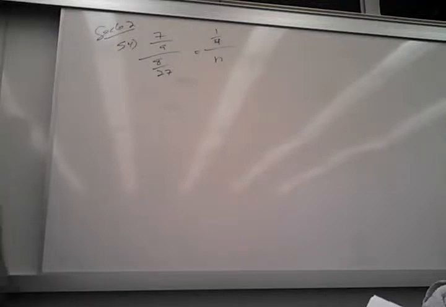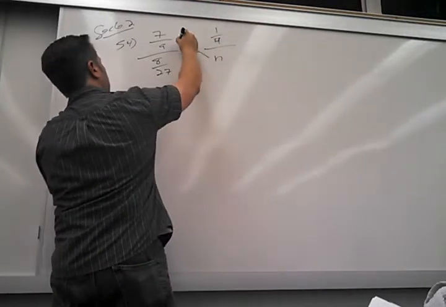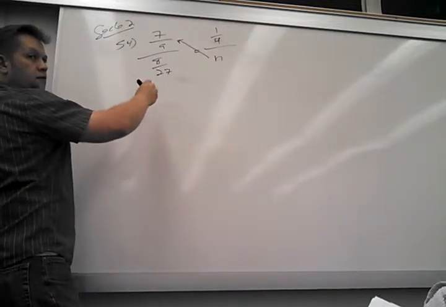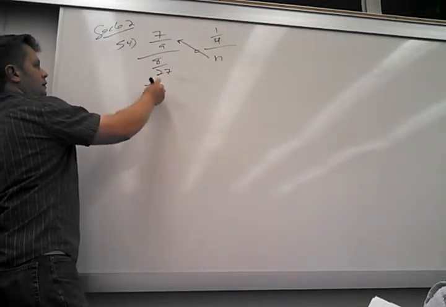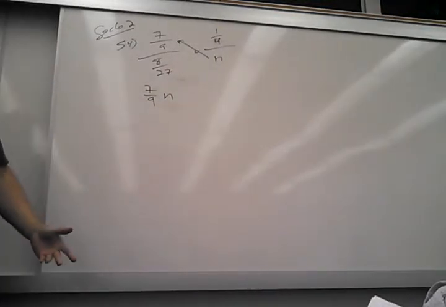So we saw one like this earlier. In fact, it was even a little worse because I had more fractions, right? I have one variable down there. But how do I start this off? I mean, what process takes over here? Cross multiply. I love it. So how do I write that? 7 over 9 times n. I don't know what it is, let me just write it down. 7/9 times n.